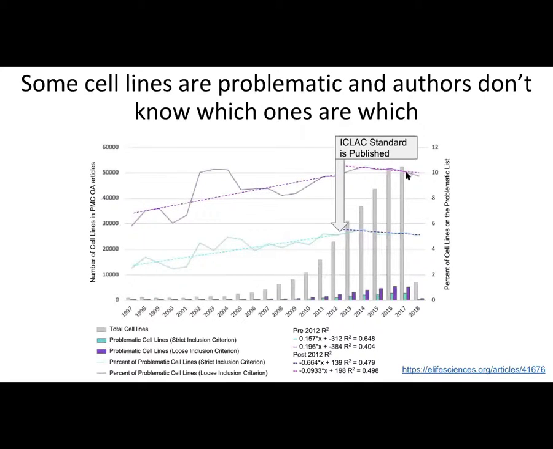And while the average in more recent years is higher than in previous years, you can see that the trend is actually starting to move in the right direction. This will certainly be played out over the next few years, so we should be able to start seeing, hopefully, a faster acceleration of this slope. But this is generally what's happening. So it does appear that ICLAC is having an effect. However, that effect is rather slow.